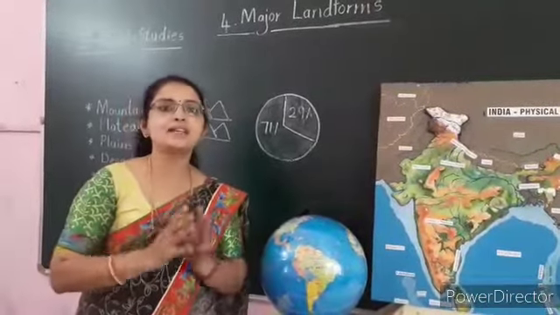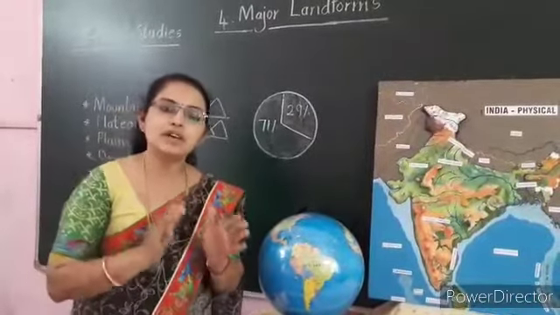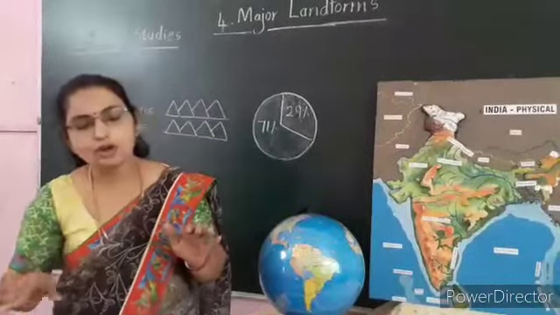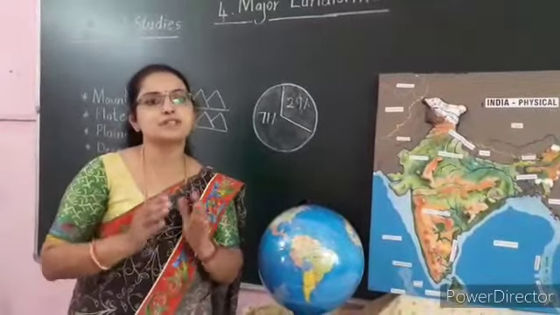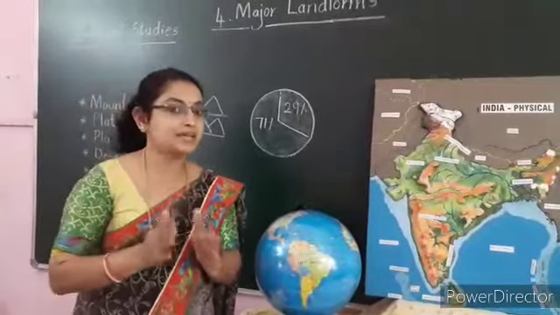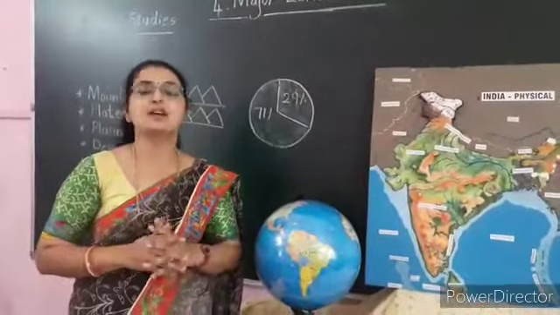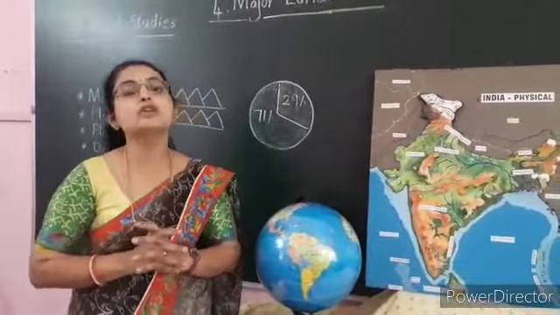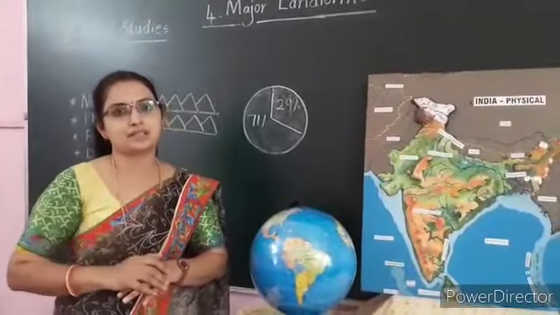Rivers carry sand and silt with them. When the rivers slow down, these materials are deposited on their banks. Plains are formed by these materials. Plains are also very fertile because of these materials.